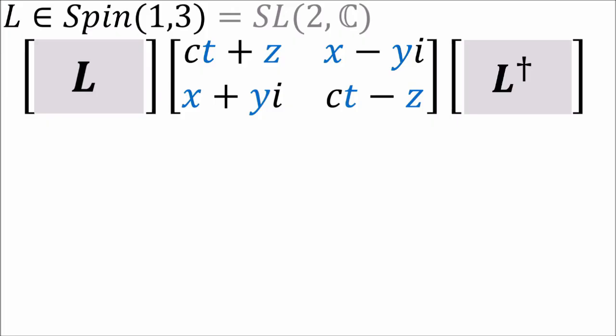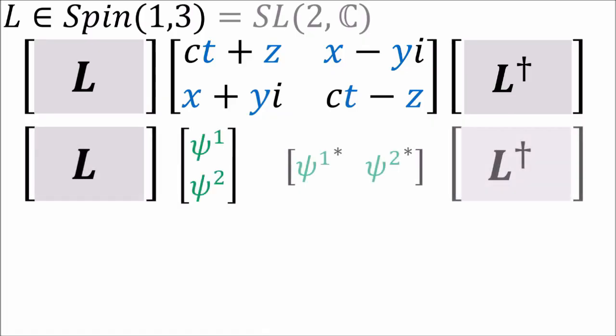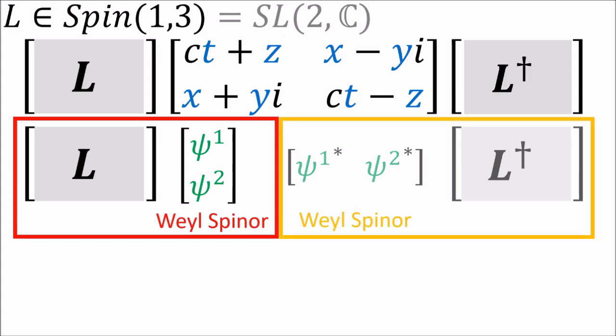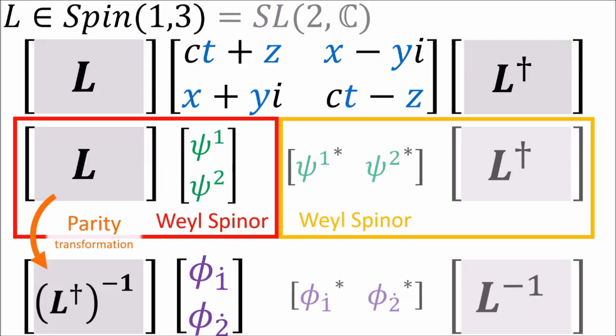Now, I've shown that a spacetime vector in the 2x2 matrix representation Lorentz transforms with a double-sided transformation of spin(1,3) matrices. I showed in video 9 that we can factor this matrix into a pair of Weyl spinors. As a result, each Weyl spinor transforms using only one spin(1,3) matrix L. The parity transformed version of a Weyl spinor transforms with L dagger inverse, as I showed earlier.